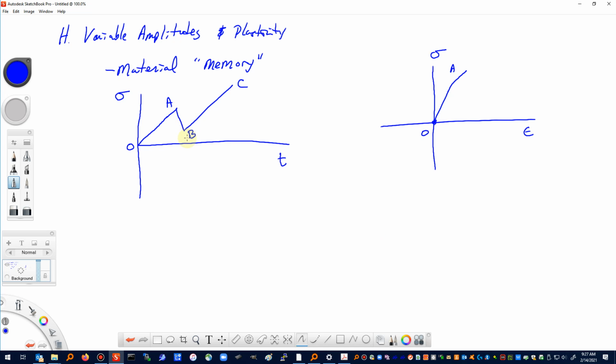Now I can unload it all the way down to 0 stress if we want, or we can go into compression if we want. The ideas are all very similar. It depends on how much plasticity we have and whether our stress goes positive or negative. But let's say we just unloaded a little bit, and in that case what we talked about is the unloading slope initially would be basically the modulus of elasticity. Now if we use the Ramberg-Osgood description of the material behavior, remember the Ramberg-Osgood equation always has a little bit of plastic strain in it.